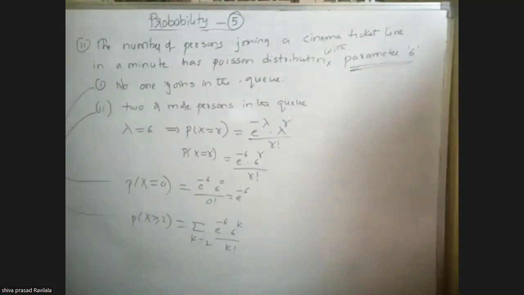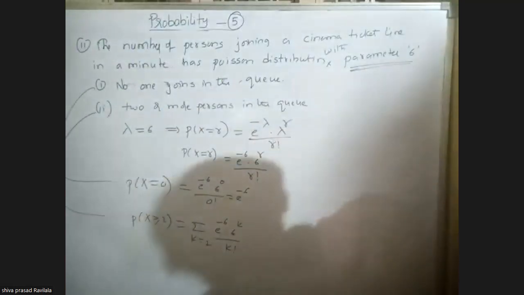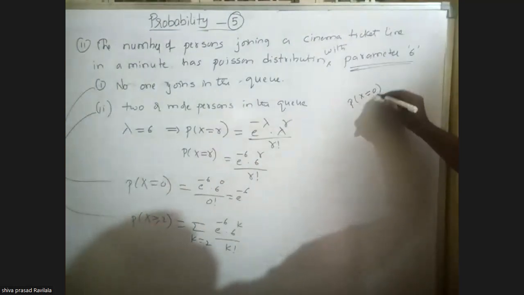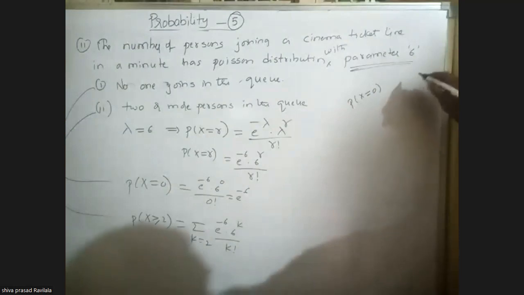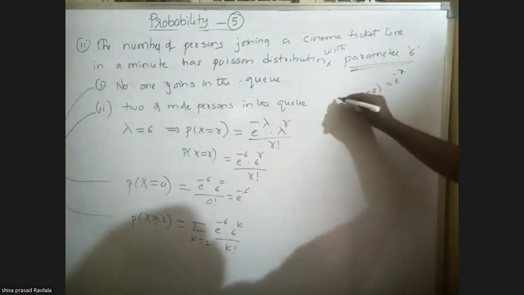In both binomial and Poisson, for example in Poisson distribution, probability of X is equal to 0, you directly write down the formula e power minus lambda.